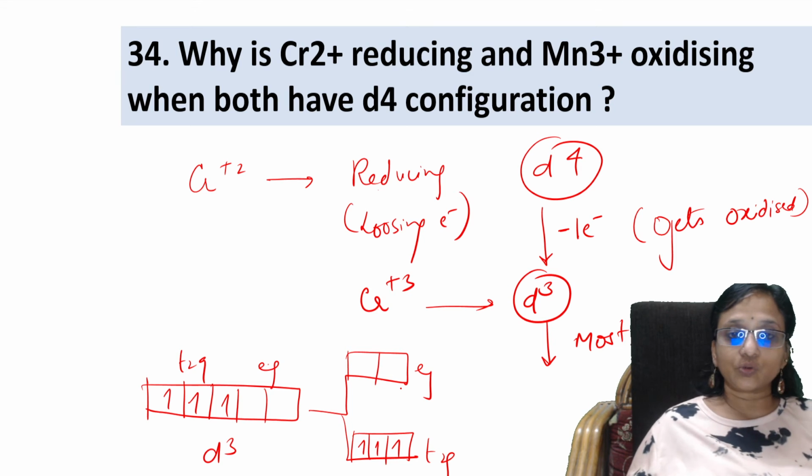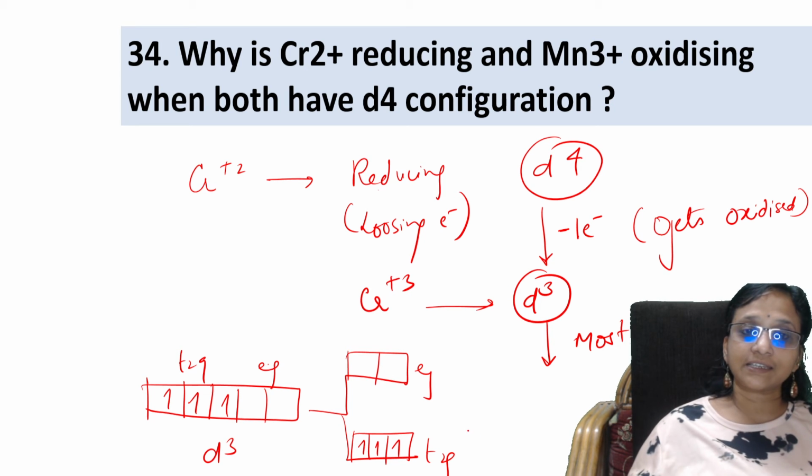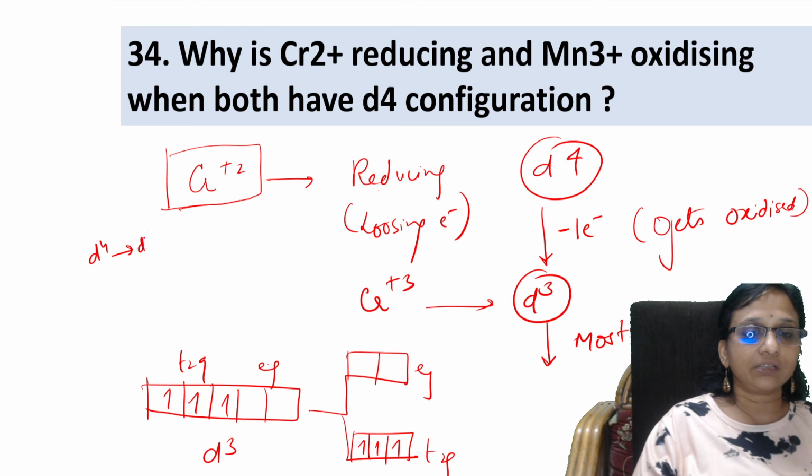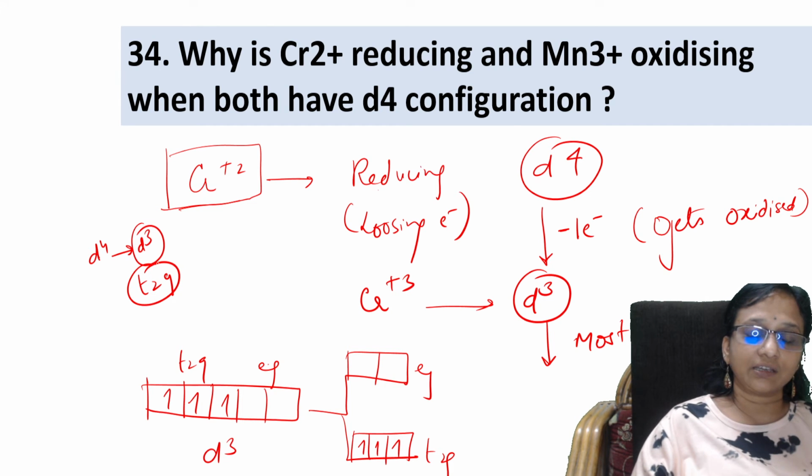So here what is happening? In case of Cr plus 2, careful, it is trying to convert from d4 to d3 and form a stable t2g. That's why it is trying to act as a reducing agent.